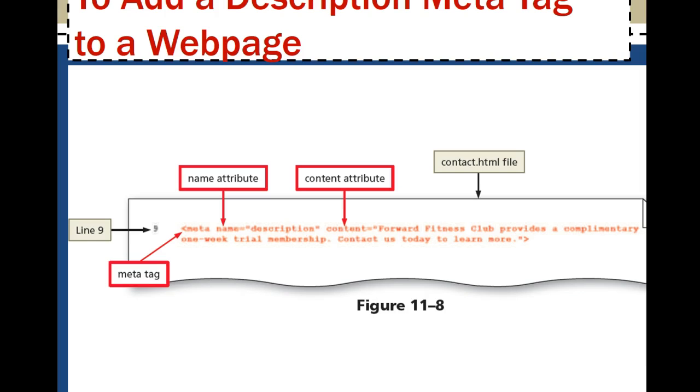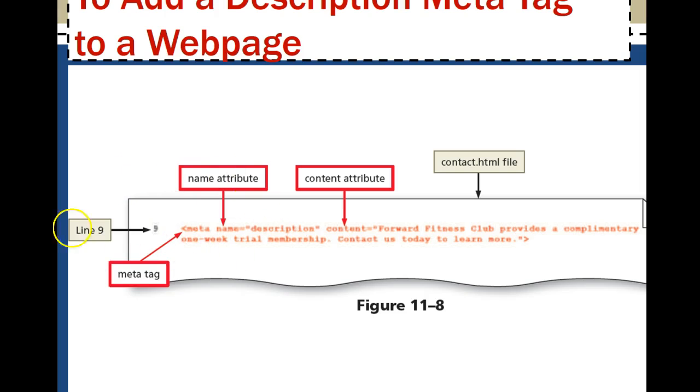So how do we add this to our web page? To help the search engine find and index our website, we can add a description meta tag to the home page, maybe the about us and contact us pages. It's very important to add those in places where you can describe what your website is doing.